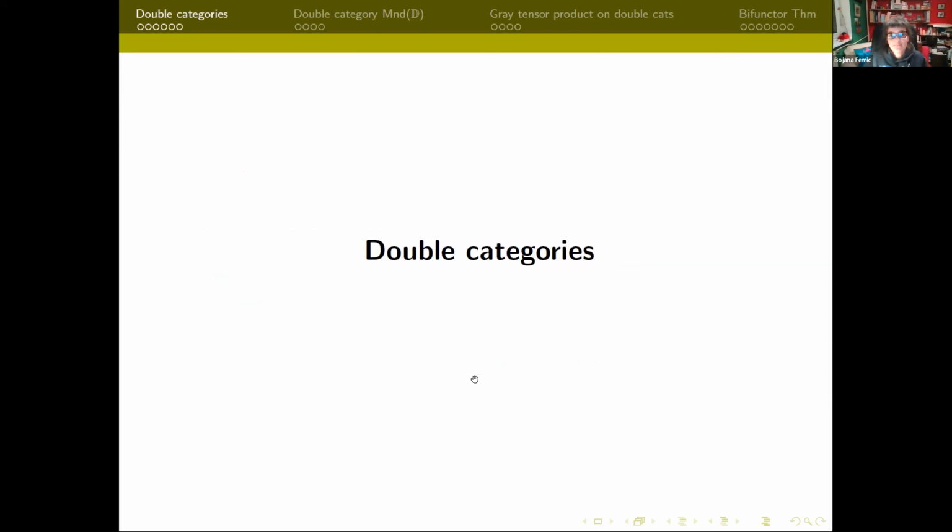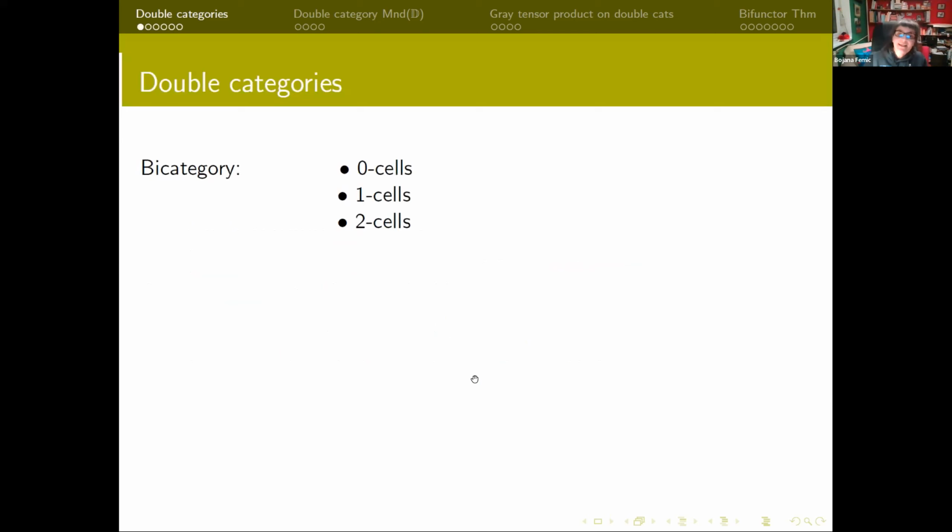Okay, so double categories, let's start. I cannot speak about double categories without mentioning bicategories. I'm not going to give a definition, but here is my visual presentation. I think of bicategories as having these 3 levels of data: 0, 1, and 2 cells.